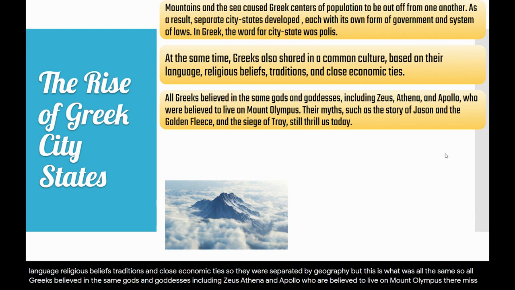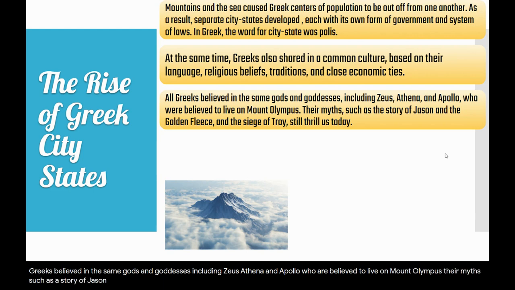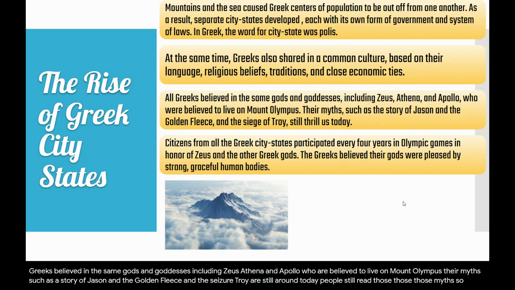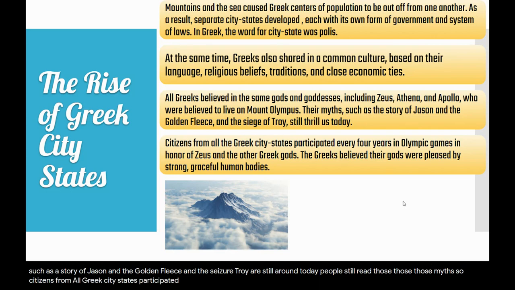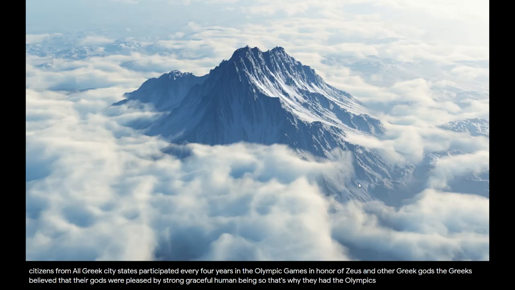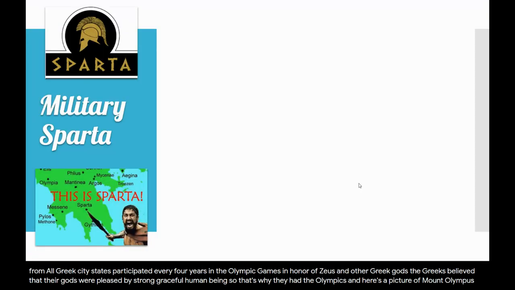Their myths, such as the story of Jason and the Golden Fleece and the Siege of Troy, are still around today. People still read those myths. Citizens from all Greek city-states participated every 4 years in the Olympic Games in honor of Zeus and other Greek gods. The Greeks believed that their gods were pleased by strong, graceful human beings. So that's why they had the Olympics. And here's a picture of Mount Olympus.